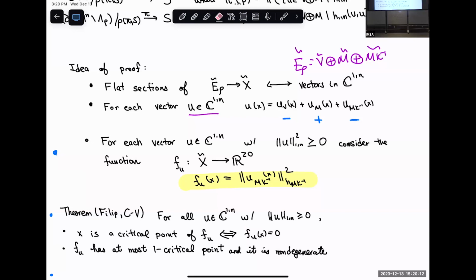So for all vectors u in C1n which are non-negative, x is a critical point of that function if and only if the function vanishes, so if and only if the projection onto the last part in the Hodge bundle is 0. And for each u, F u has at most one critical point, and that critical point is a non-degenerate minimum, because the function vanishes. It's definitely a minimum.